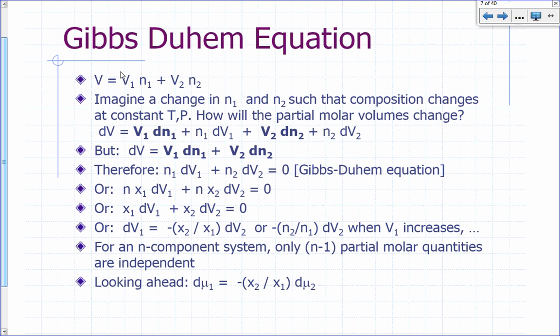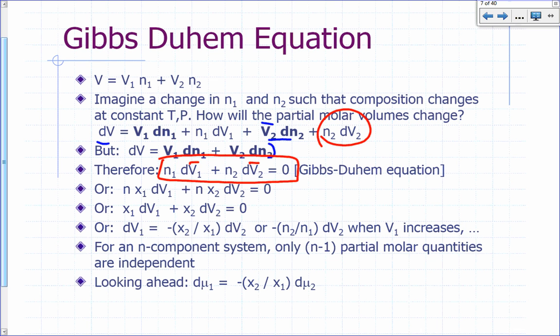But we've already established earlier that V1 bar dN1 plus V2 bar dN2, this expression right here, is equal to dV. So that means this term plus this term must be equal to 0. So we say N1 dV1 bar plus N2 dV2 bar must be equal to 0.